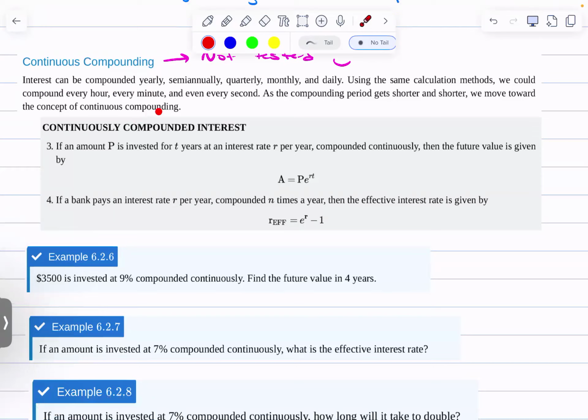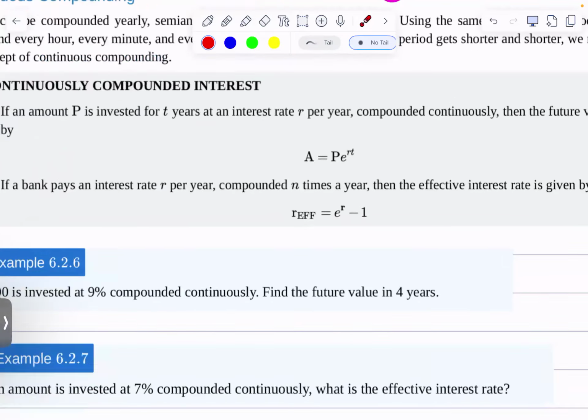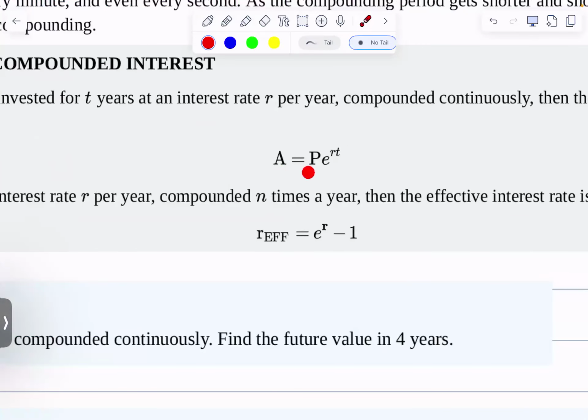Continuous compounding is just every moment it's being compounded. You get a little bit of interest, a little bit of interest, a little bit of interest. And so it gets a special formula, where A is P times e to the power of R times T. e is 2.718 something. There's an e button on your calculator.